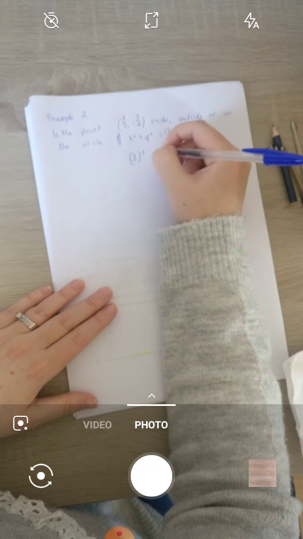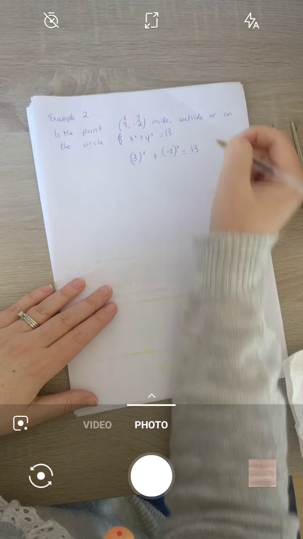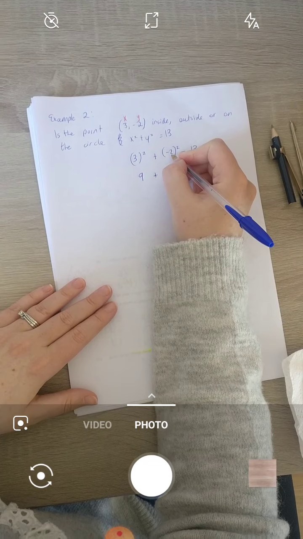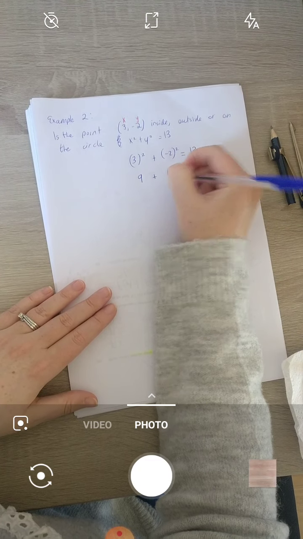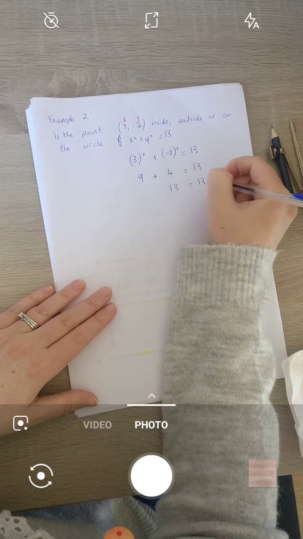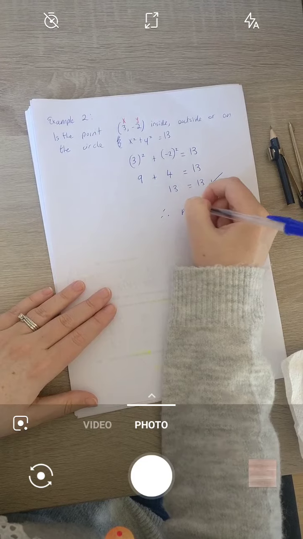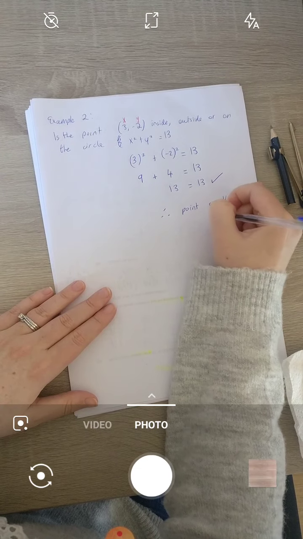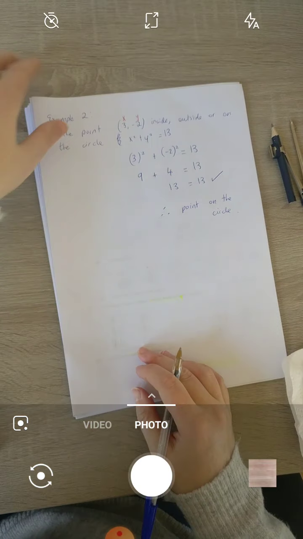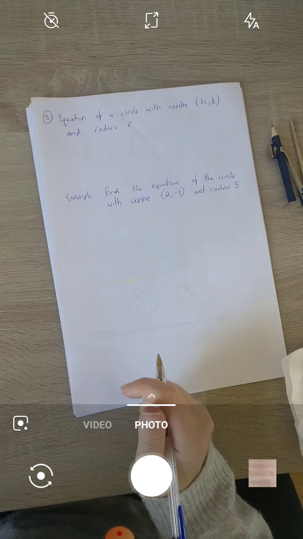So we've x squared is 3 squared plus y squared is (-2) squared equals 13. 3 3s are 9 plus (-2) squared, minus by minus is plus, 2 by 2 is 4, equals 13. 13 equals 13. Therefore, the point is on the circle. Okay, so that does come up quite a bit in the exam papers, so just keep an eye out for that. There are 3 different ways you can be asked that.